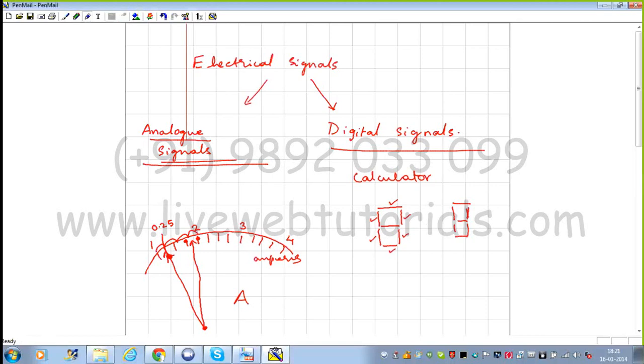Now suppose I remove a middle line from here, then what number is it going to indicate? 0. It is going to become 0. It means this line that is there is either visible or not visible; that signal is either present or not present.